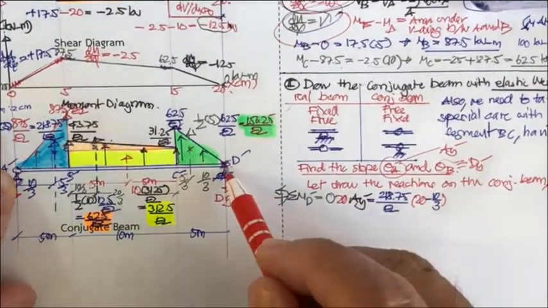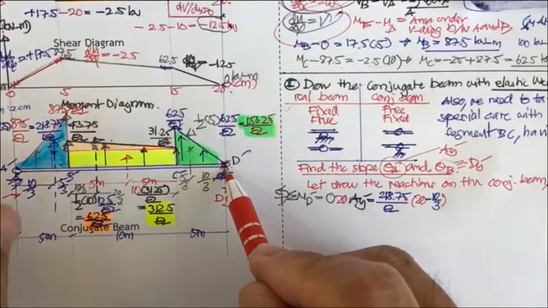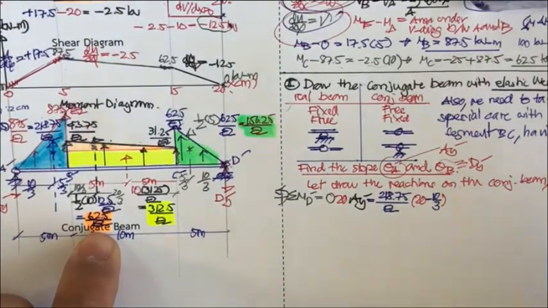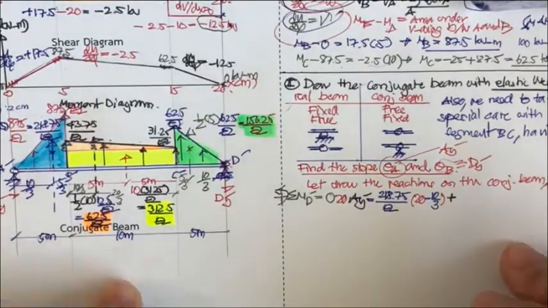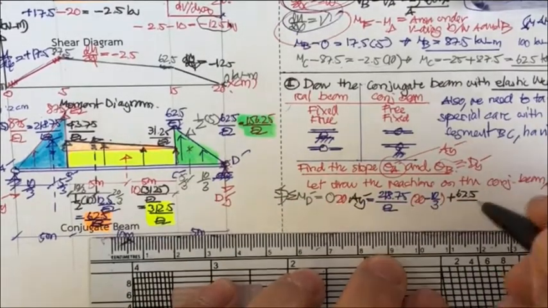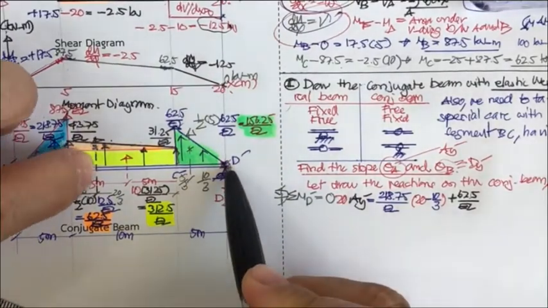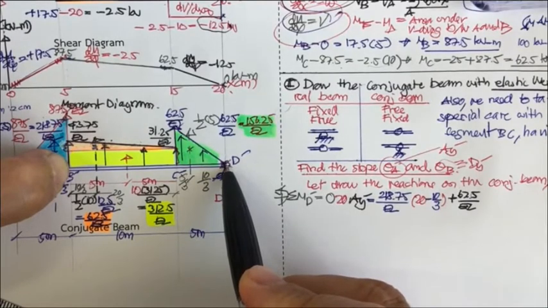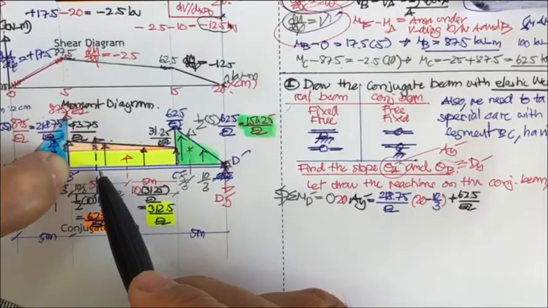Next, what we have is this one, and this one is 62.5. It's going to rotate in the same direction, so plus 62.5 divided by EI. And what is the distance between this one and this one? Let me take a look at this. This is going to be 15, right? This is also 10 over 3.